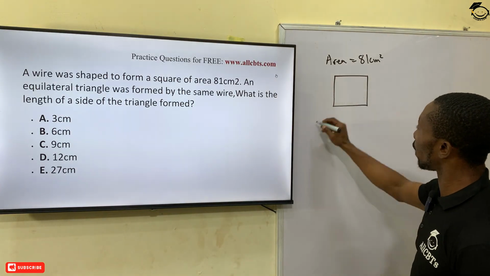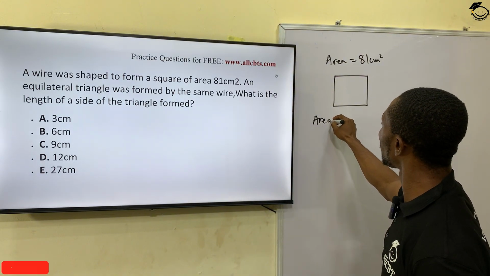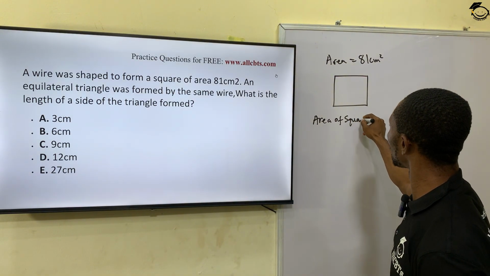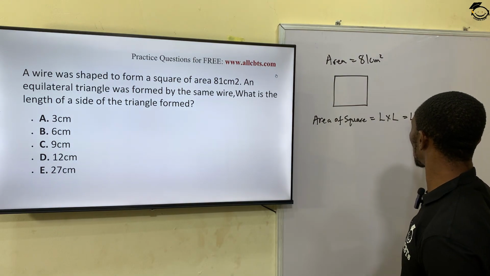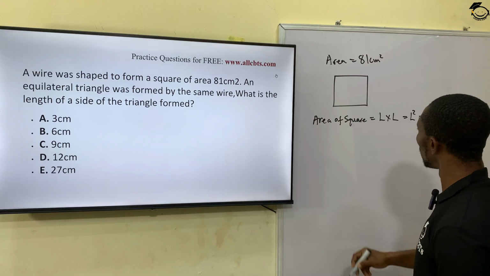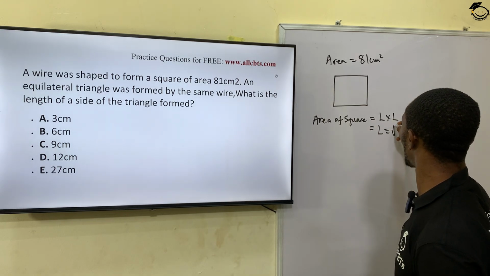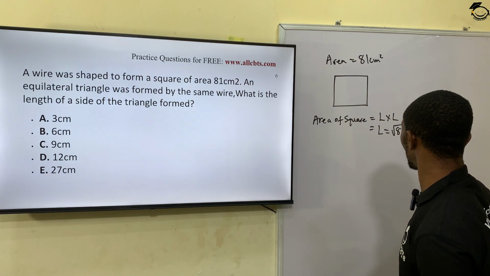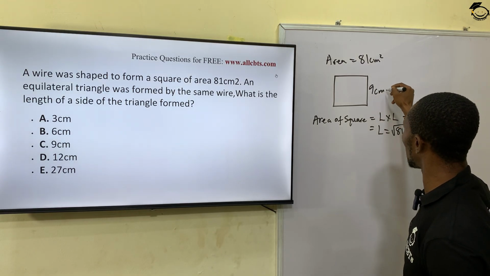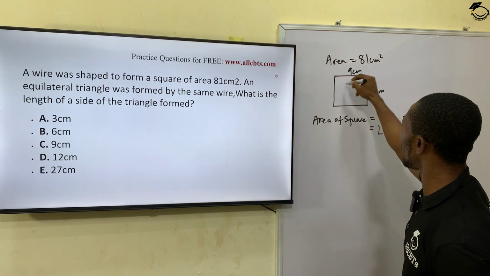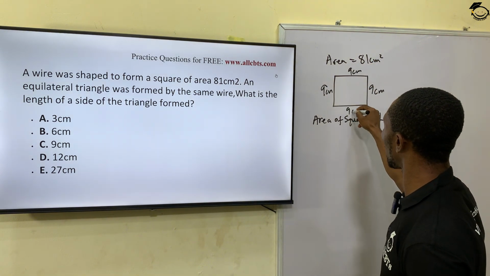Now, we know that the area of a square equals length times length, or L squared, equals 81. So L will be the square root of 81, which will give us 9 centimeters. So that means each of these sides is 9 cm, 9 cm, 9 cm, and 9 cm.